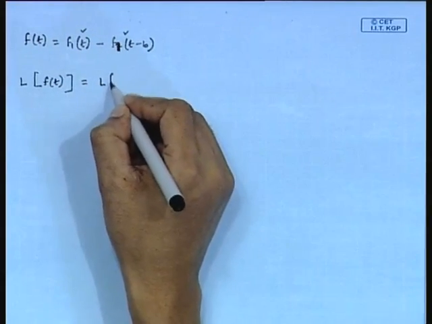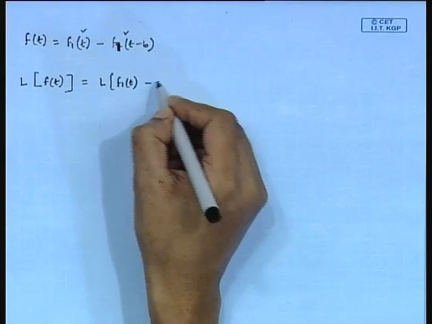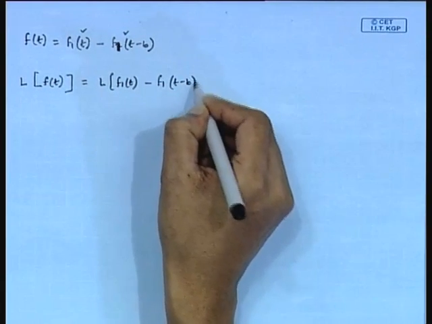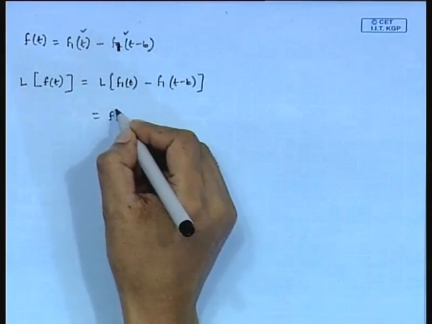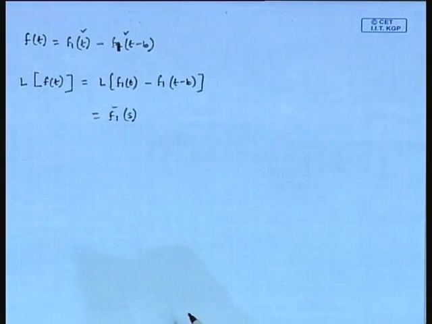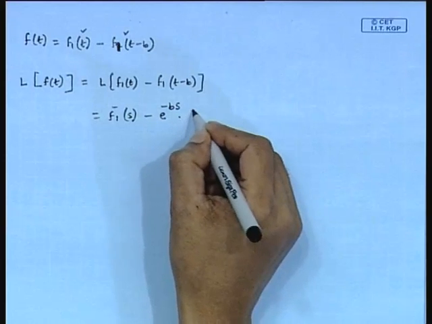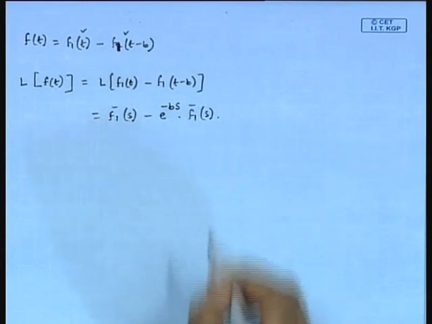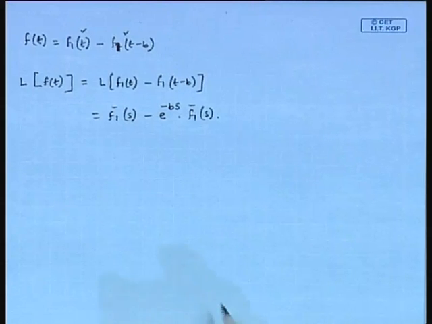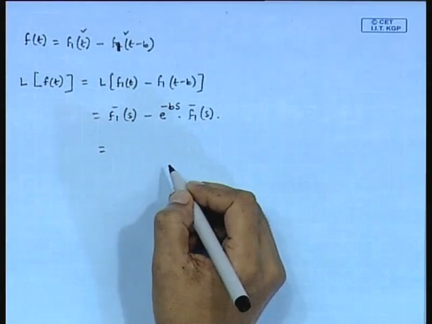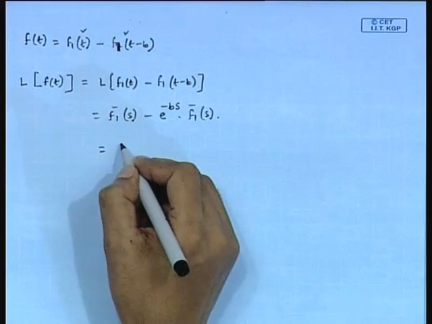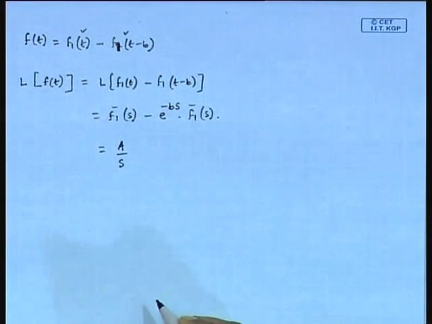The Laplace transform of f1(t) minus f1(t − b) is f1 bar(s) minus e to the power minus bs f1 bar(s). Now f1 bar is a by s, that is the step function only with the magnitude of a.